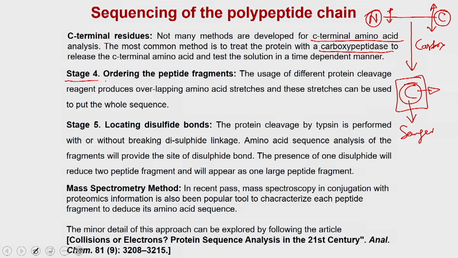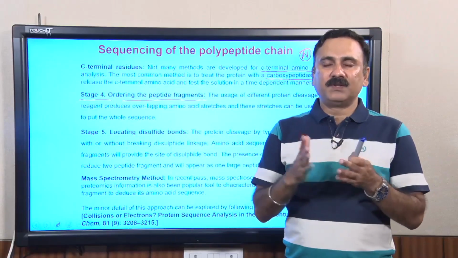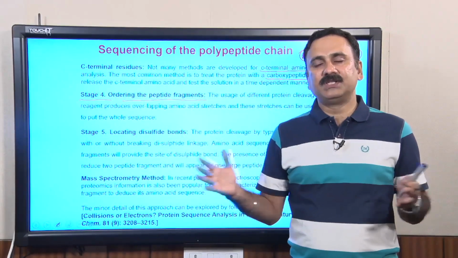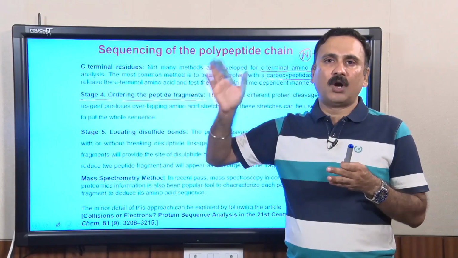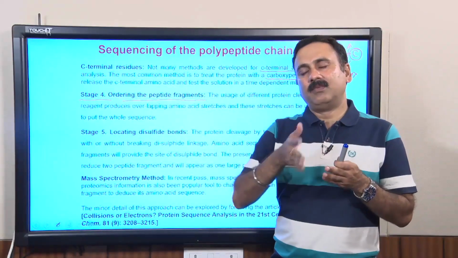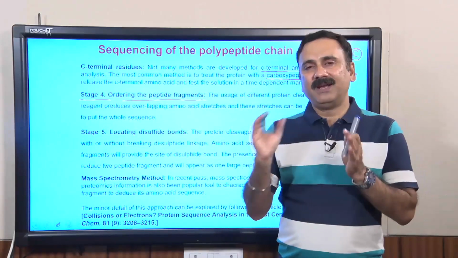Now, in stage 4, you have to do the ordering of the peptide fragments. So far, we have discussed that you take the protease, you take the peptide chain, you first remove the disulfide linkages. Now it is going to be a linear peptide chain. Now, you chop this peptide chain with different proteases, and you are going to have small peptide fragments.